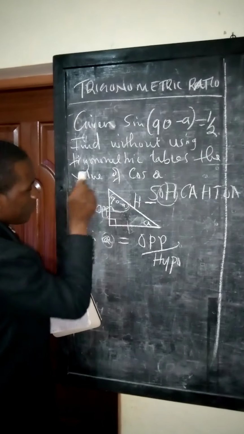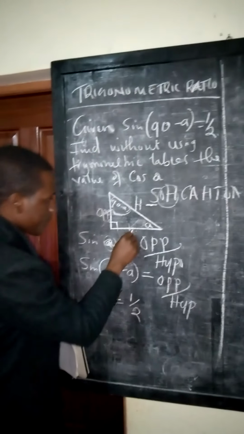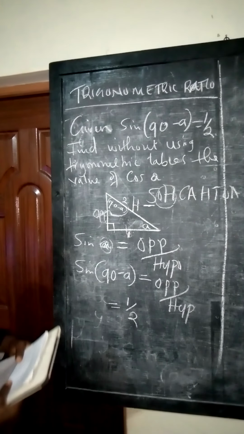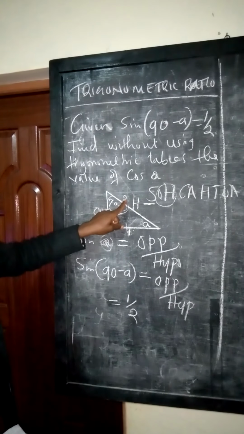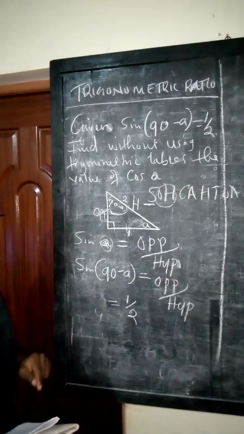But remember, the opposite for sin(90 minus A) is different from the opposite of sin A. For sin A, the opposite is this side, but for sin(90 minus A), the opposite is the other side. We are given it is equal to a half. What does that mean? It means that this one is 1 and the hypotenuse is 2, so that we can have opposite over hypotenuse.